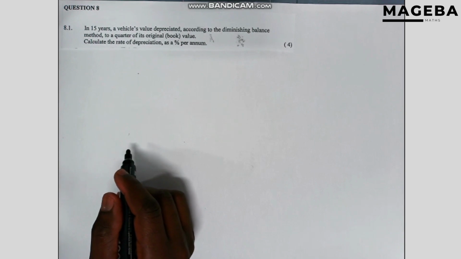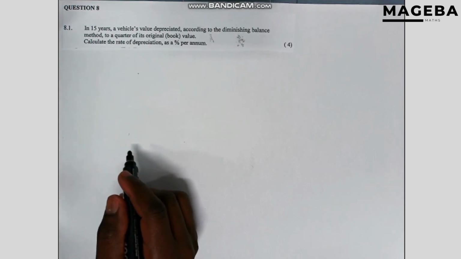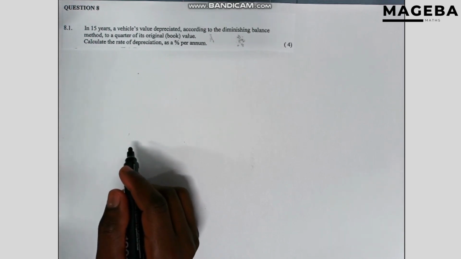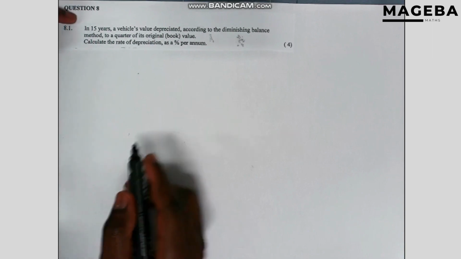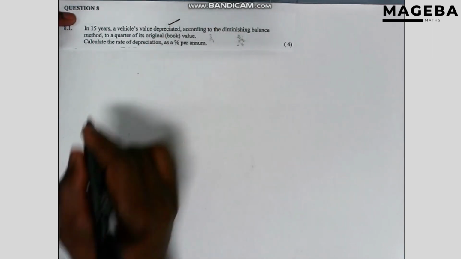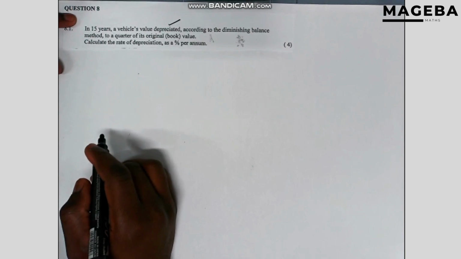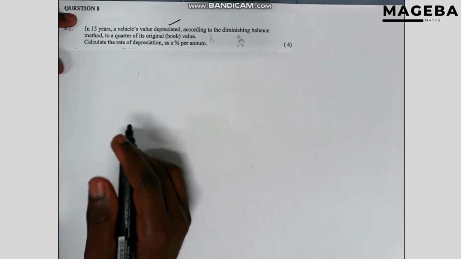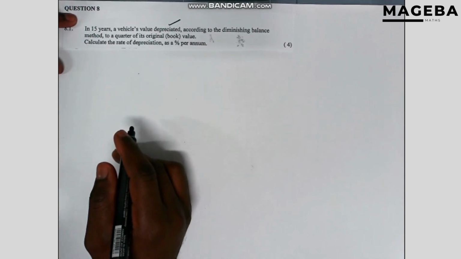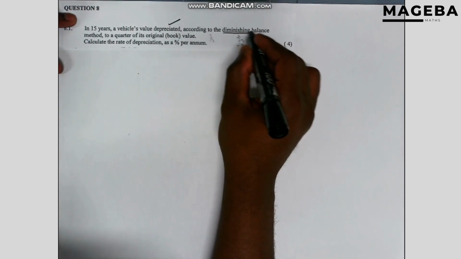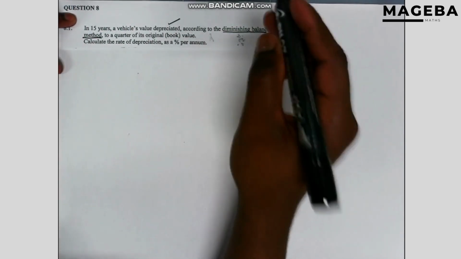So now, starting from this question, saying in 15 years a vehicle's value depreciates. Very important word there, depreciate, meaning it's losing value. Then according to the diminishing balance method, I'm highlighting keywords here, is diminishing.